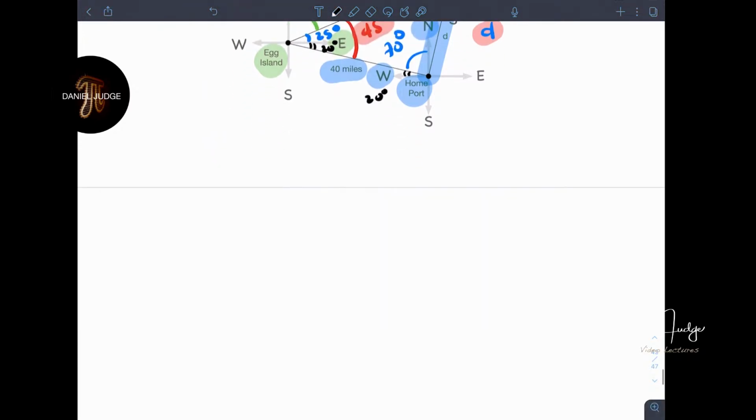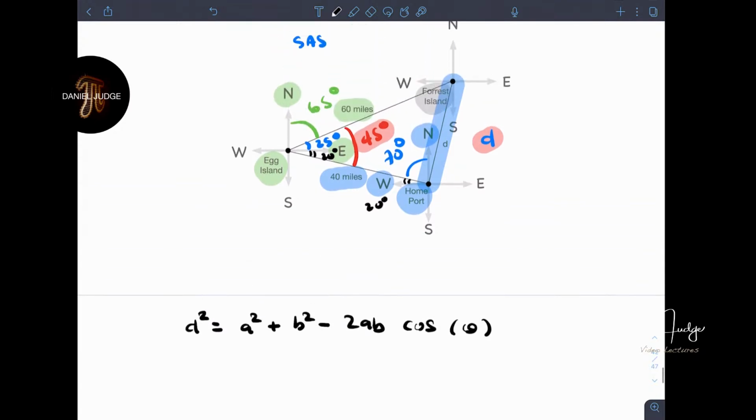So law of cosines says simply the following, right? d squared is a squared plus b squared minus 2ab cosine of the angle theta, where these have to be opposite. In other words, the 45-degree angle and your distance d, notice they're opposite each other.